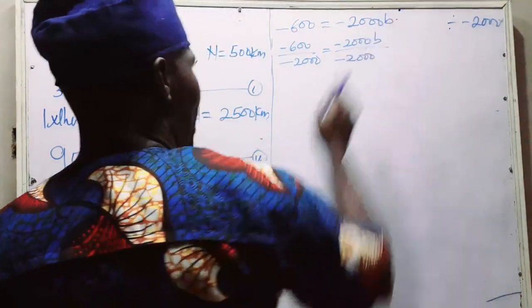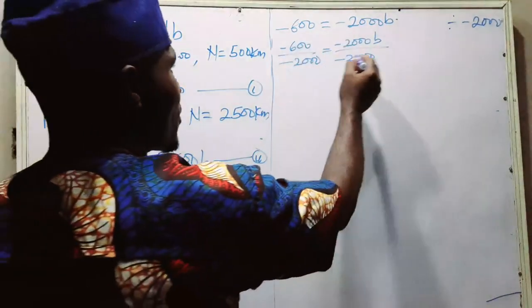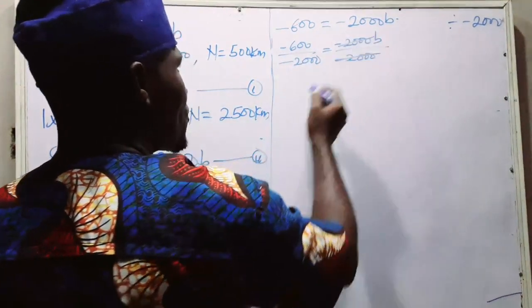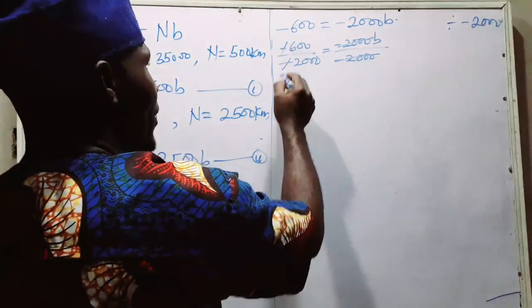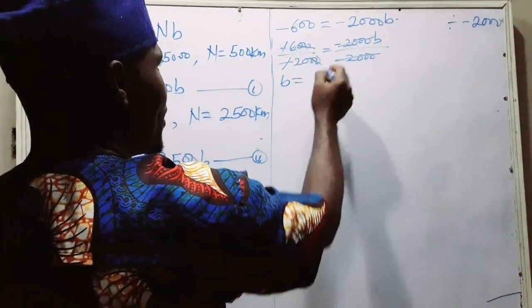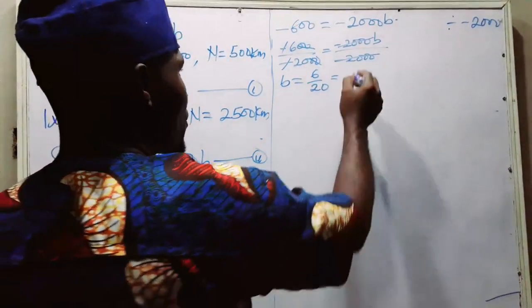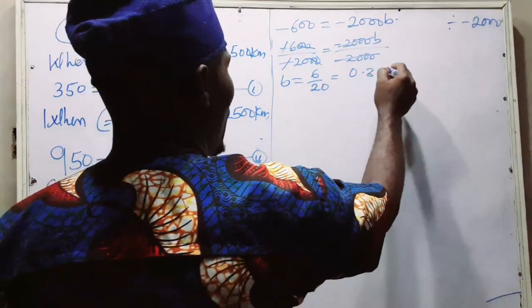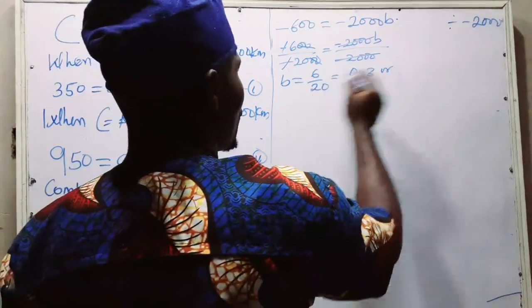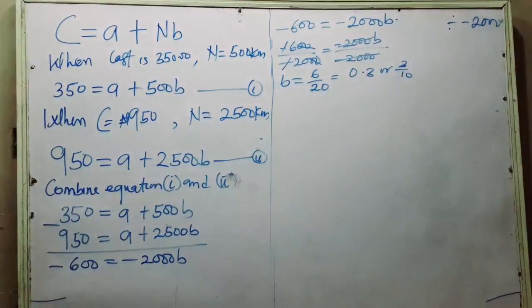To make B the subject of the formula, you need to divide both sides by minus 2000. So minus will cancel minus, and B will be 6 over 20, which will give us 0.3, or 3 over 10. So that is the value of B.